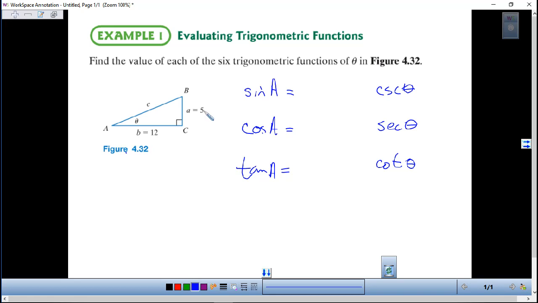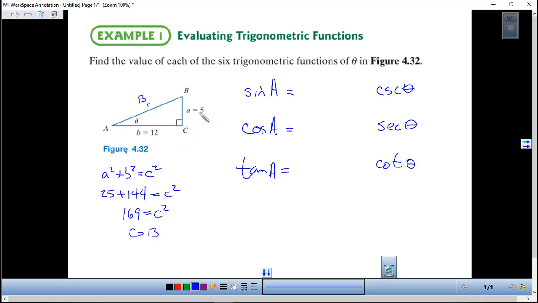And if we know that A is 5 and B is 12, then what's C? Remember, we can find that by A squared plus B squared equals C squared, Pythagorean theorem. So we've got 25, that's 5 squared, plus 144, which is 12 squared, that equals C squared. When you add these together, you get 169. And that means that C is going to equal 13.